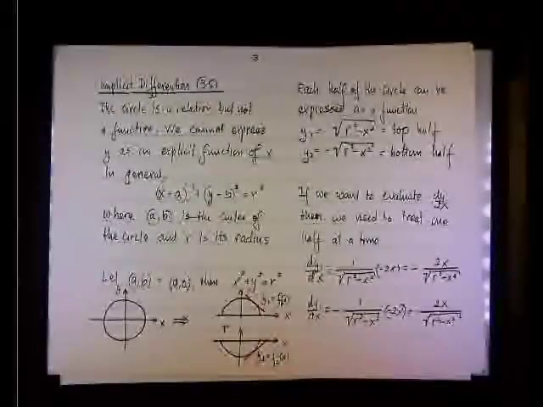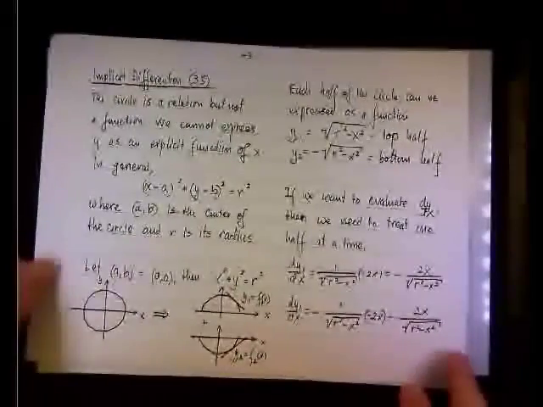Instead of dealing with one half at a time, we can do something that is called implicit differentiation. We take the relation x squared plus y squared equals r squared. Remember, this is a relation, it's not a function. And you know what? Let's take the derivative of both sides of the relation, see what comes out of it. Okay, so let's see how this works out on the next page.